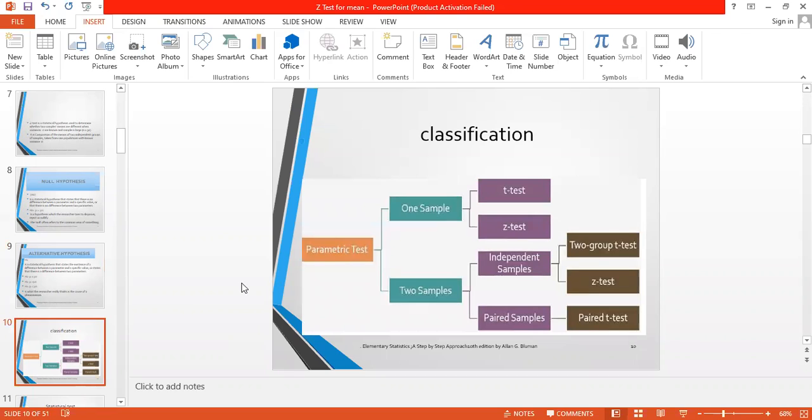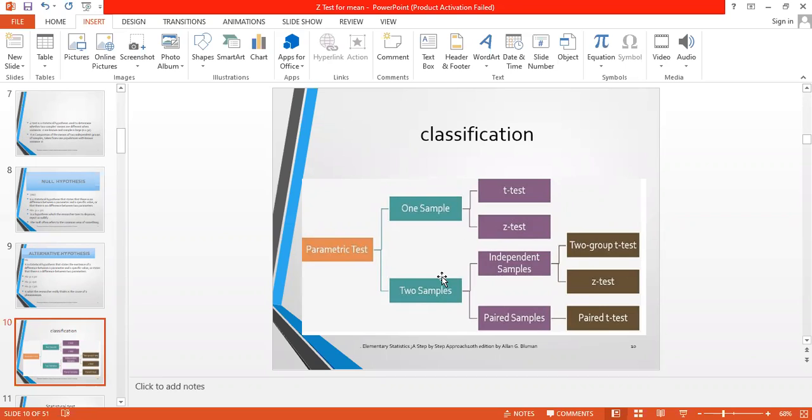This is the classification of Z-test and T-test. These two tests are parametric tests, and we can divide them into one sample and two sample tests. The one sample test is further divided into T-test for mean or Z-test for mean.